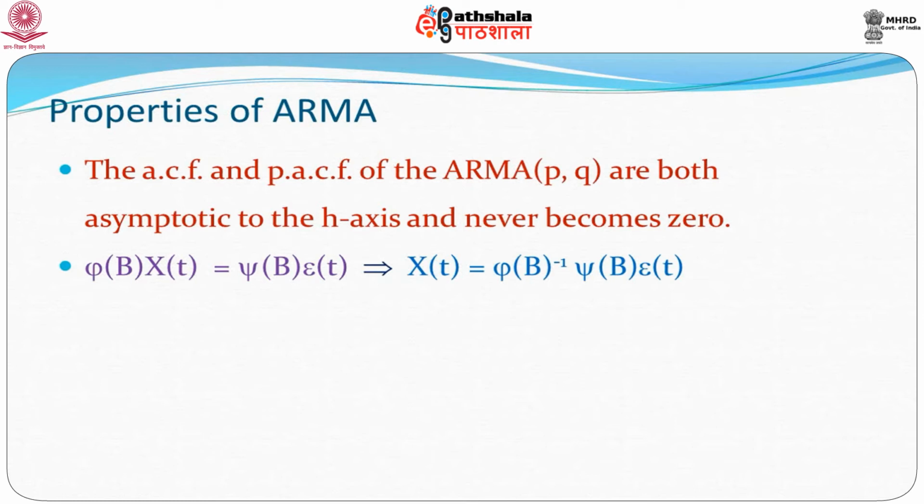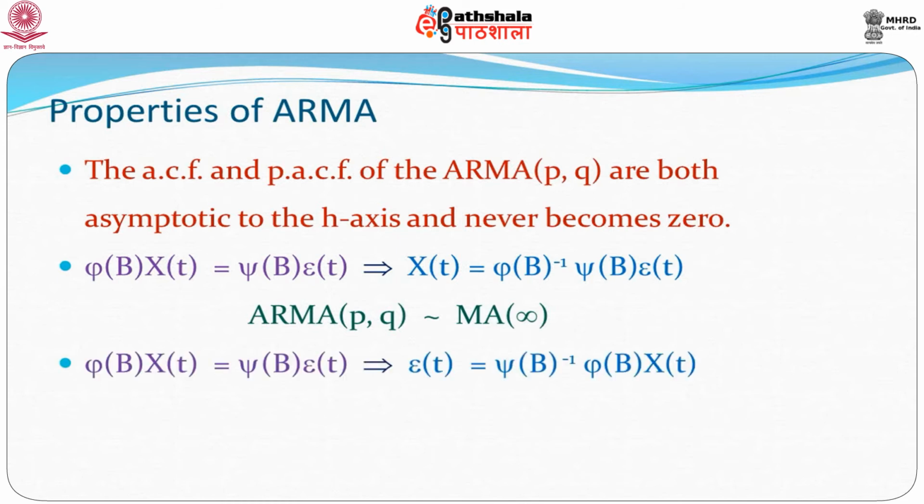So, the B square, B cube terms etc. would come, and we have the epsilon t's and the backward shift operators which will make them epsilon t minus j. So, this series on the right hand side would be an infinite MA series. So, an ARMA p q, like the AR p, can be written as an MA infinite series.